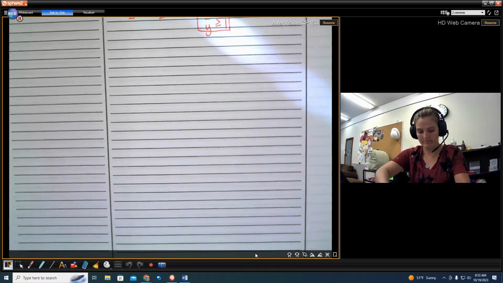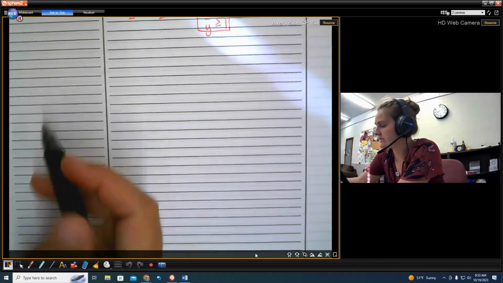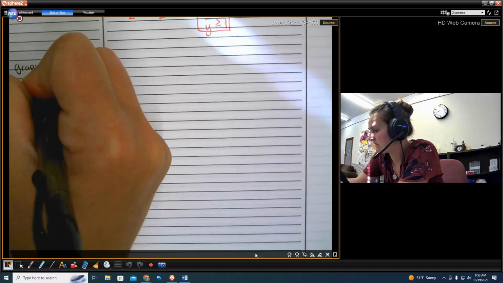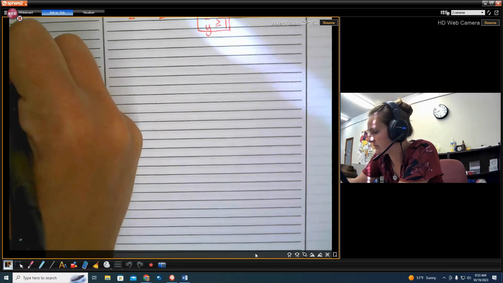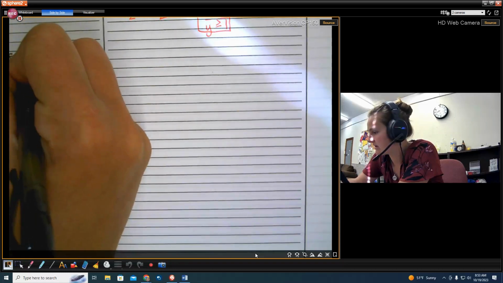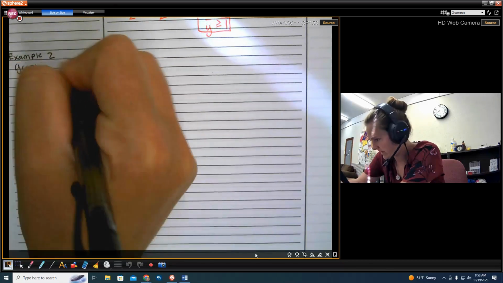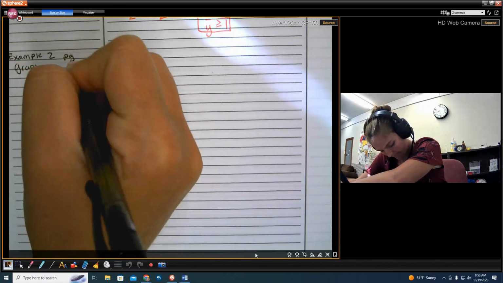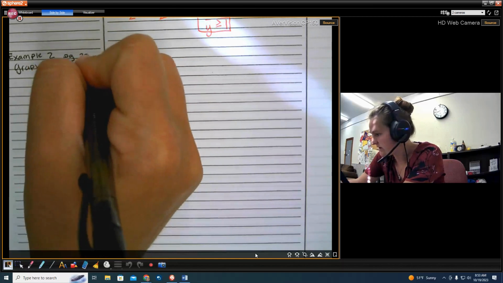So remember, we're going to write it in black. So example 2 says to graph the transformed square root function. So we are just going to say graph. I'm also going to put example 2 above it. Page 324.